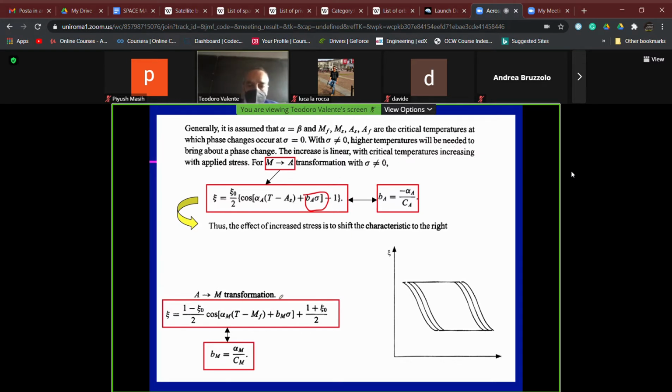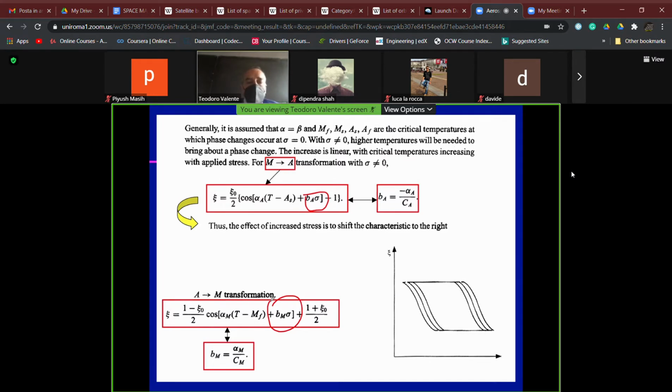As you can see, also in this case, we can add this linear term, which takes into account the variation of the austenite's critical temperatures, with a coefficient written as Bm, which is given by the ratio of alpha m, we defined also alpha m last time, divided by the slope Cm.